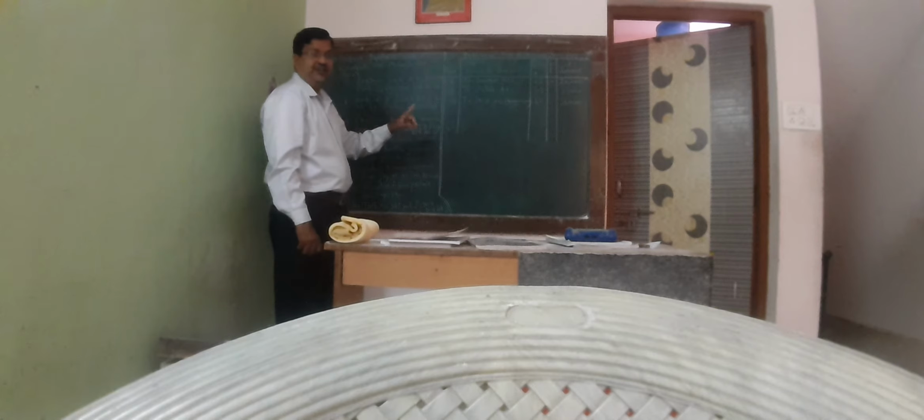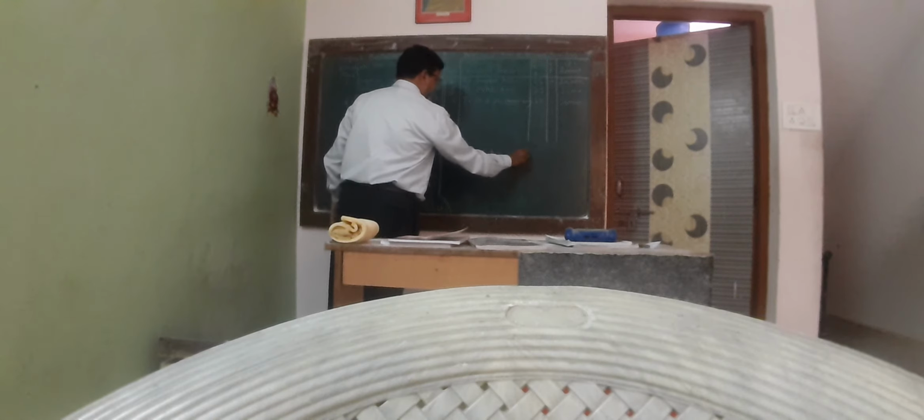Then cash purchase. Cash purchase is not recorded in purchase book. So you have to make a note of this. Cash purchase. Then 9, cash discount is not recorded.